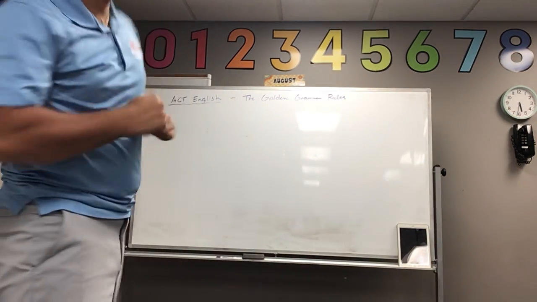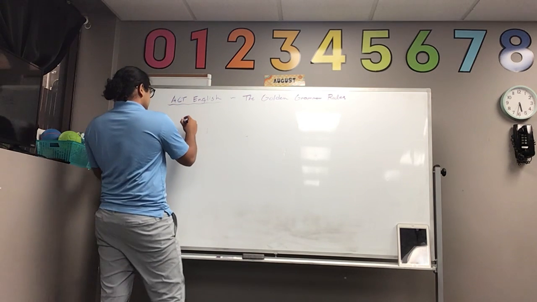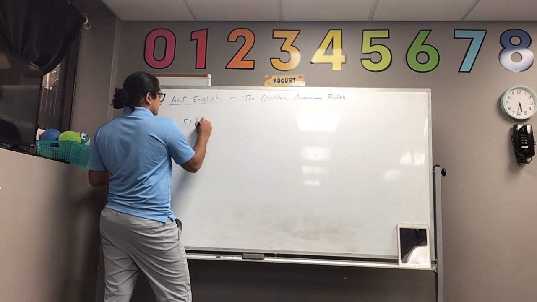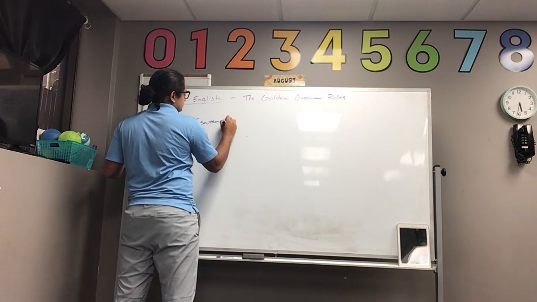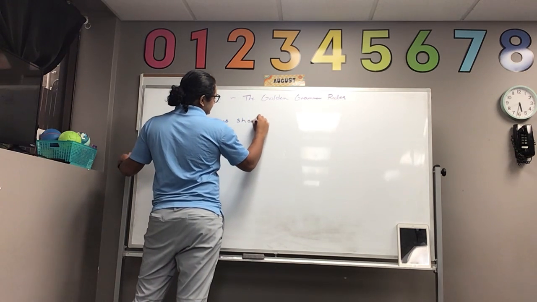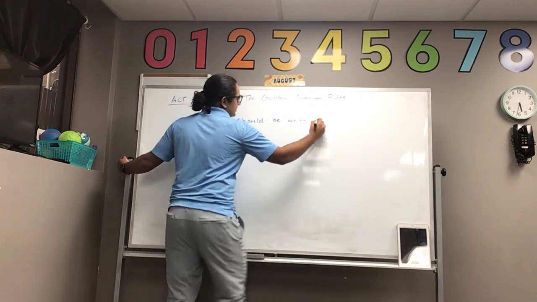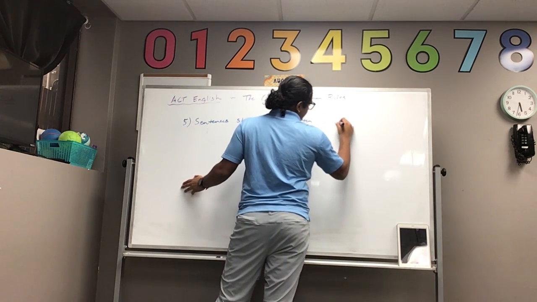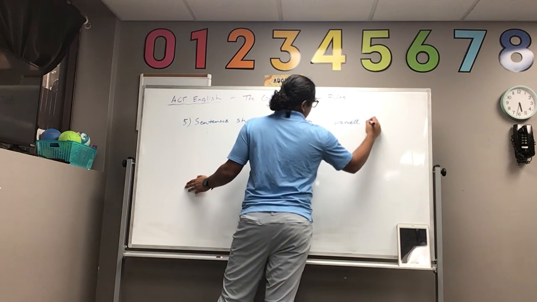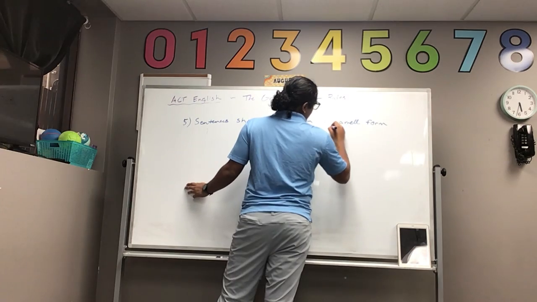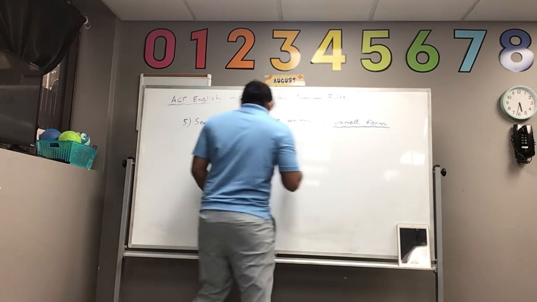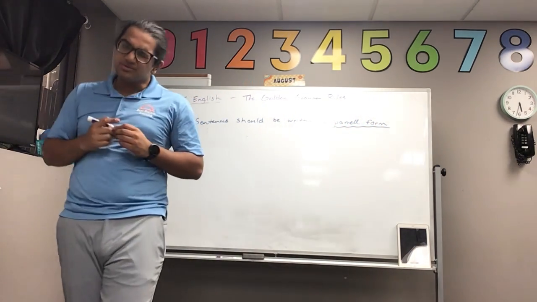Fifth rule here. Sentences should be written in parallel form. I know some of you have already learned this before.